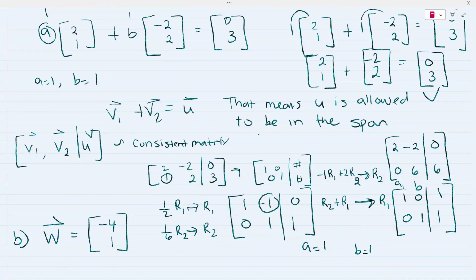No. Then there would be no linear combination. When would it be impossible? Let's say if this one was 0, that would be a false statement because 0 does not equal 1. So that means there's no linear combination.